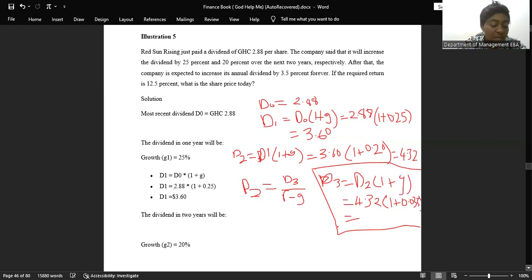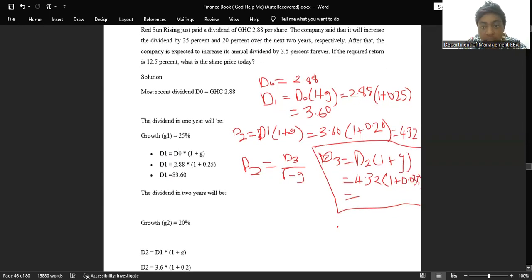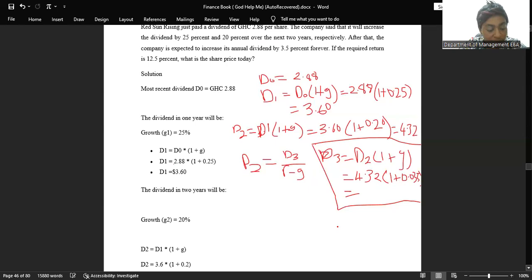Let me use my calculator because when I move this thing, it's giving me a lot of problems. So 4.32 times open bracket 1.035 close bracket gives us 4.47, to two decimal places.